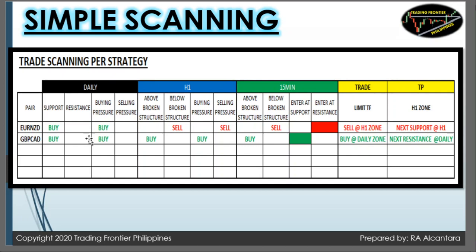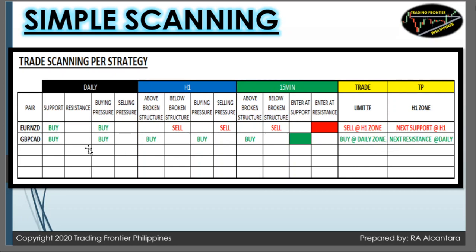Alright. However, for GBP CAD, you can see here that the daily time frame provided me an opportunity for a buy, as well as for an H1. Definitely if I'm going to enter at 15 minutes, I will only buy at support, but my take profit will be on a daily zone, meaning if I'm at support, my take profit would be on the next resistance of the daily time frame.